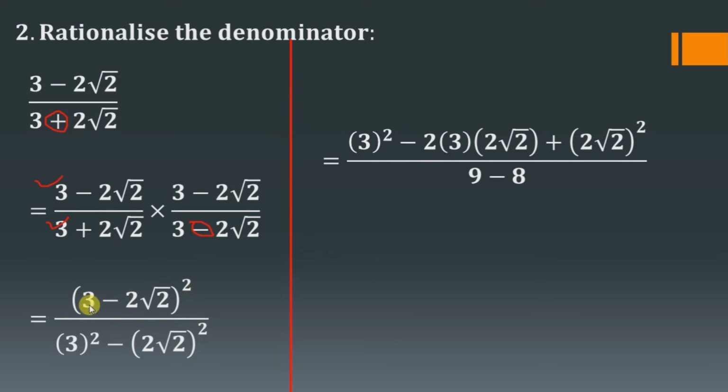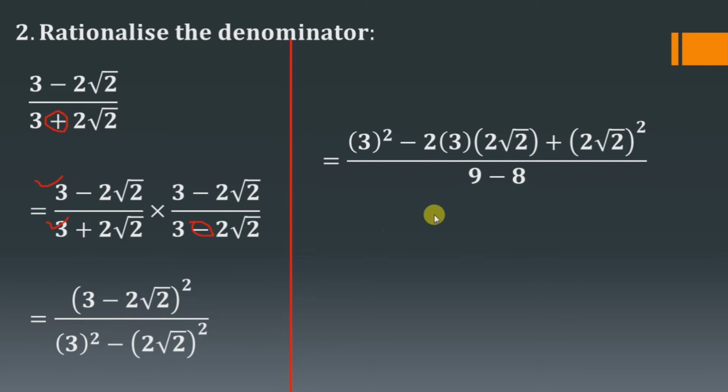Now the numerator is in the form of a minus b whole square, so I can write a square, that is 3 square, minus twice ab, that is 2 root 2, plus b square. B square means 2 root 2 whole square.